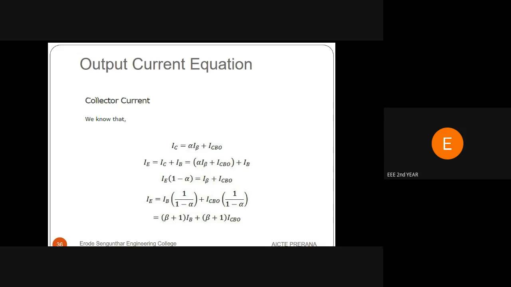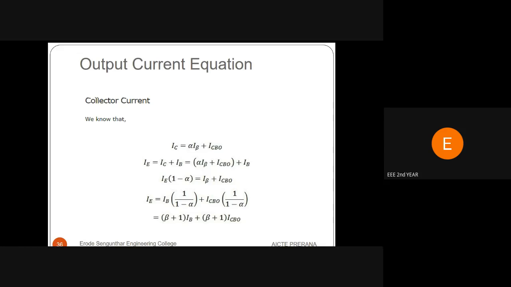Now let us see the output current expression for the common collector configuration. IC equal to alpha IB plus ICBO, that is, a large percentage of emitter current reaches the collector, plus collector leakage current. But emitter current IE equal to base current plus collector current.